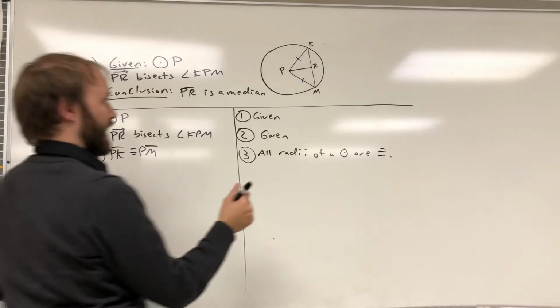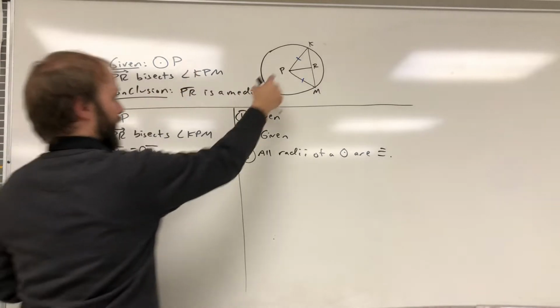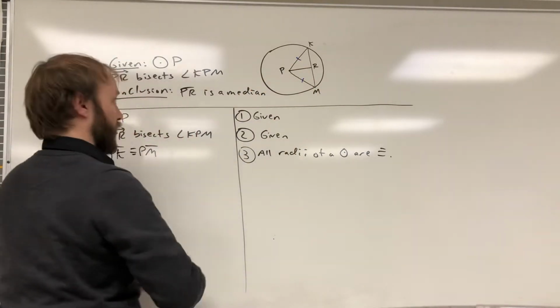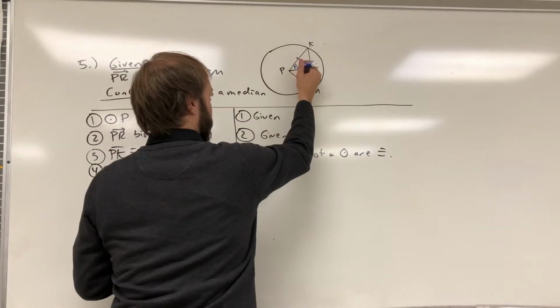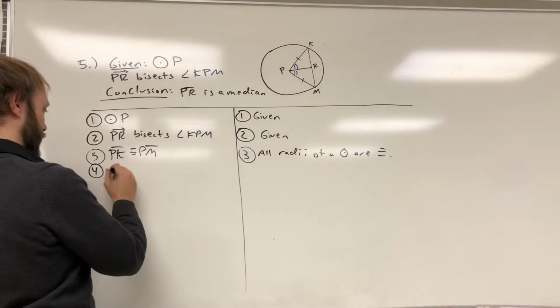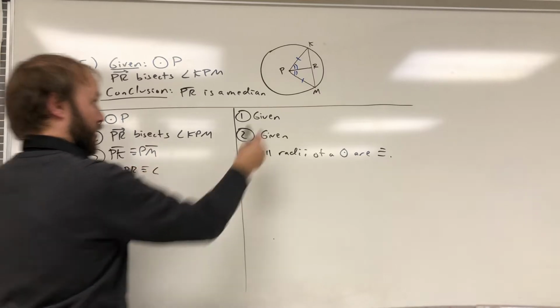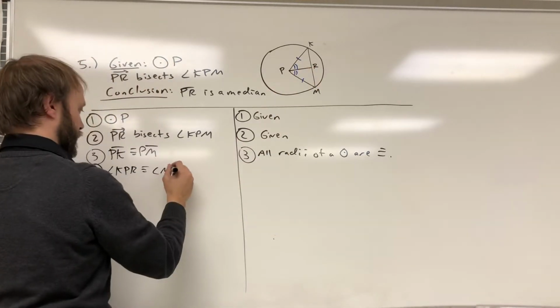And I also have an angle bisector here. It's KPM, so these two angles are going to be congruent because of the angle bisector. So I could say that angle KPR is congruent to angle MPR.